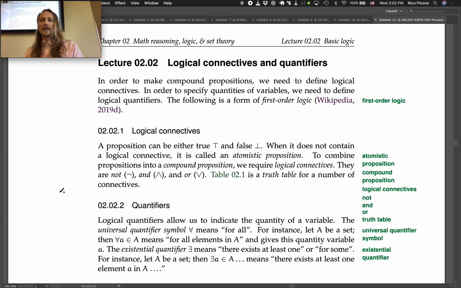If you want to say something's true, something's false, you want to evaluate whether a complex or compound proposition is true or false, you can use these logical connectives and quantifiers to make statements, to make propositions, compound propositions. Okay? Okay. That's the basics of that.